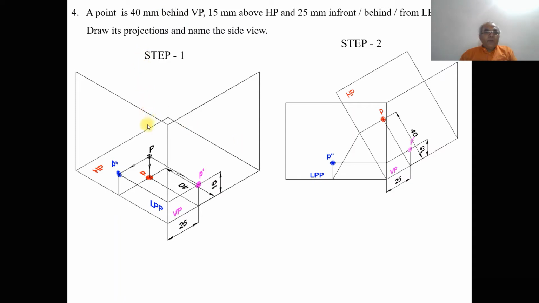Then 40 mm behind VP. When you look from the top view, I can see the distance 40 mm behind VP, and when it is projected onto the horizontal plane, you are going to get this as small p.